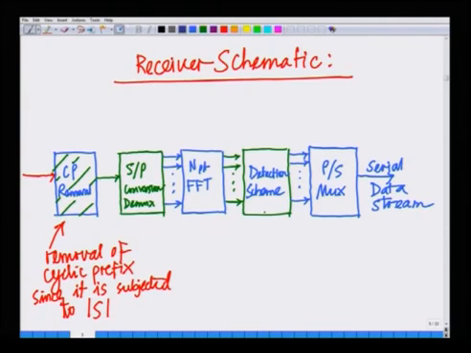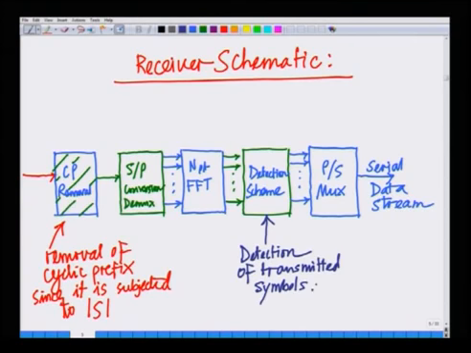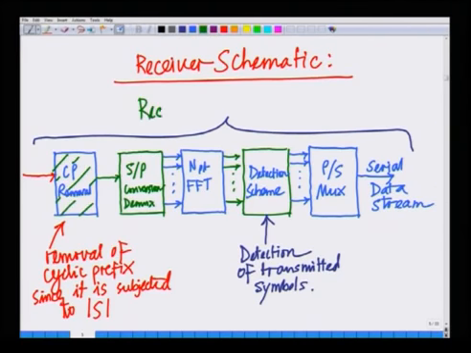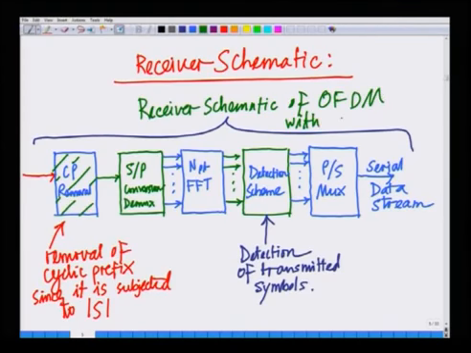I haven't said much about it, but I am going to say something shortly, and it is very simple. This is detection of the transmitted symbols, and this is the complete receiver schematic of OFDM with CP.